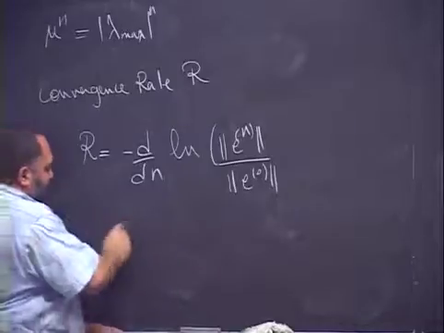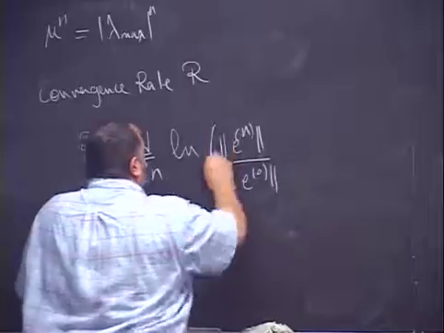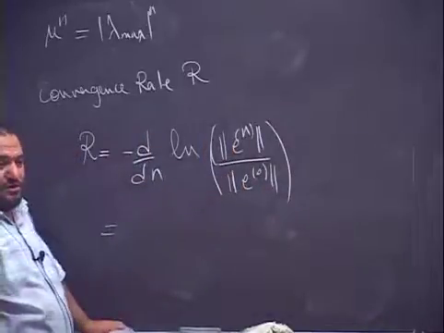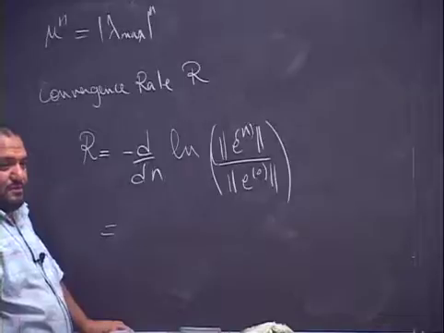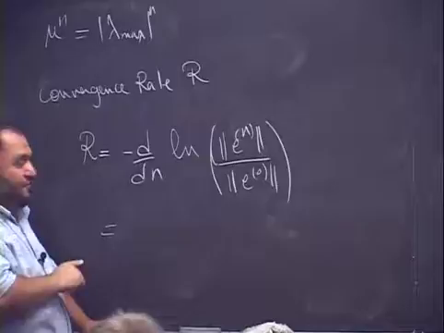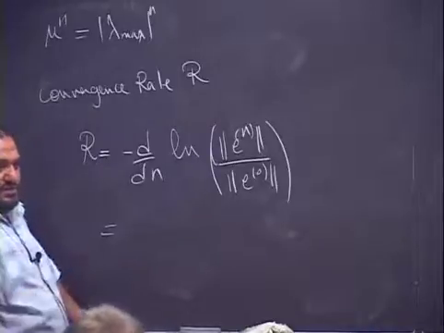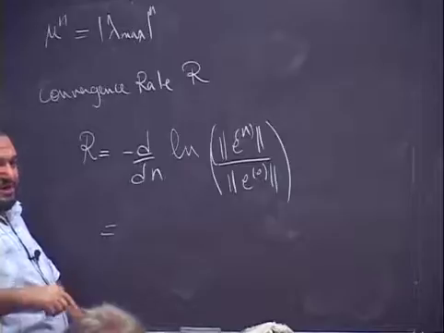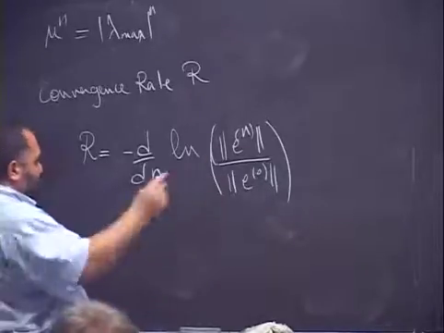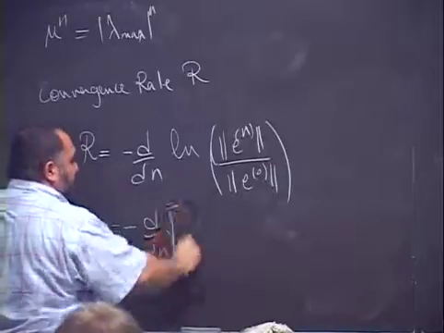And this will be equal to what? What's the differentiation of the logarithm? It is 1 over whatever is inside the logarithm multiplied by the differentiation of what's inside. But as you said, let's just take d by dn and decompose this.